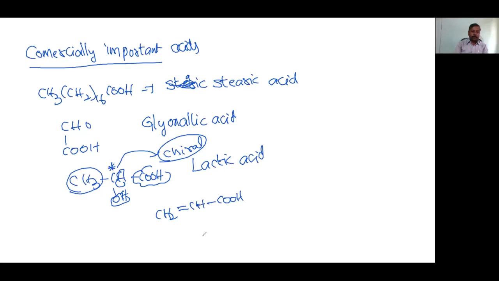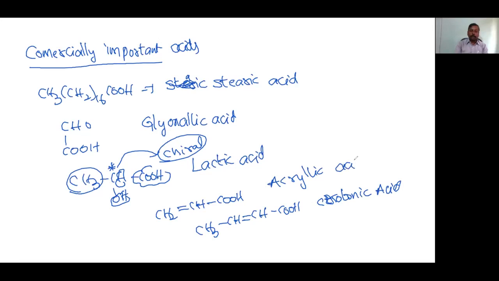Next CH3 CH double bond CH COOH, 4 carbons are there, then it is called crotonic acid. If 3 carbons are there, acrylic acid. These are some commercially important carboxylic acids, note down.